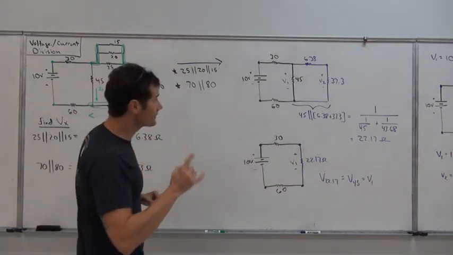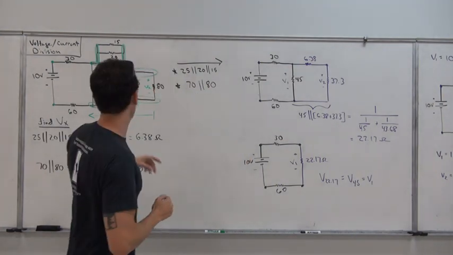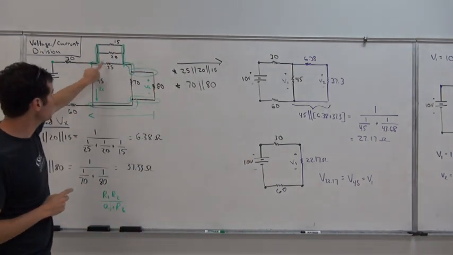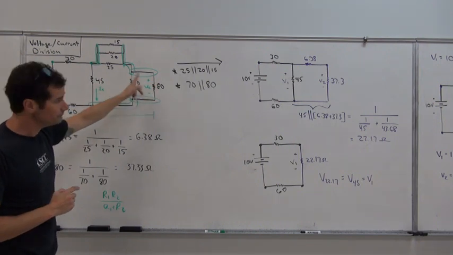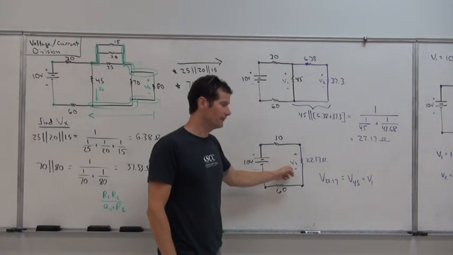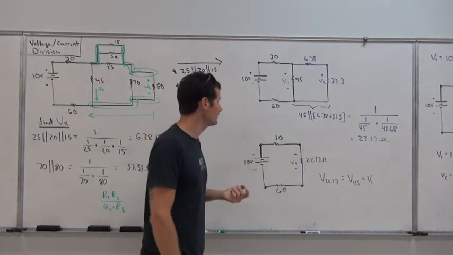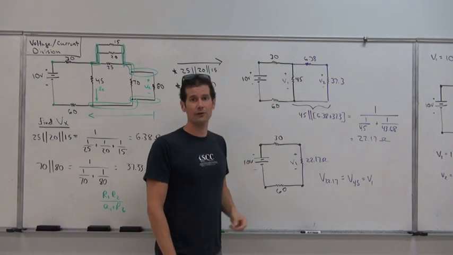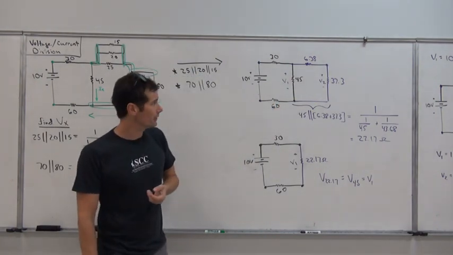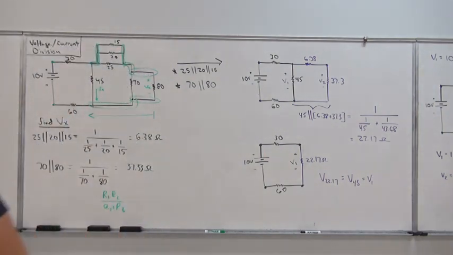And V1 is what's going to continually divide throughout the remainder of this section of the circuit. So the first thing that we need to find is the voltage of V1, or the voltage across 22.17 ohms of equivalence, or the voltage across the 45 ohm resistor. So let's move it down and continue working the problem.